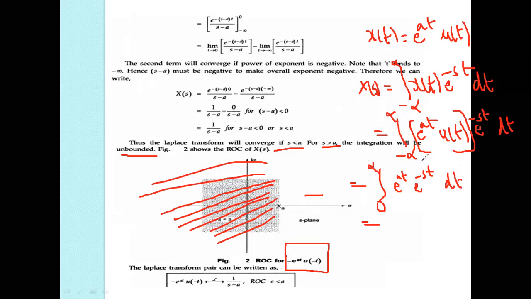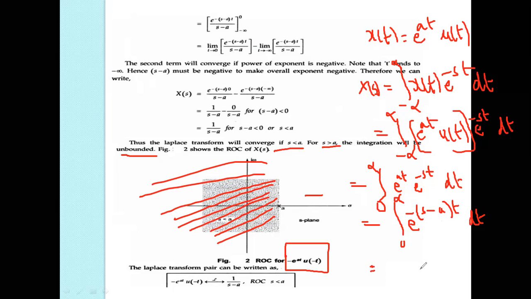Got it? Now the base is the same, so you can add the powers: e power minus s minus a into t. Now it is e power minus st and e power plus a t, with the integral from 0 to infinity with respect to t. We apply the integral for the exponential.